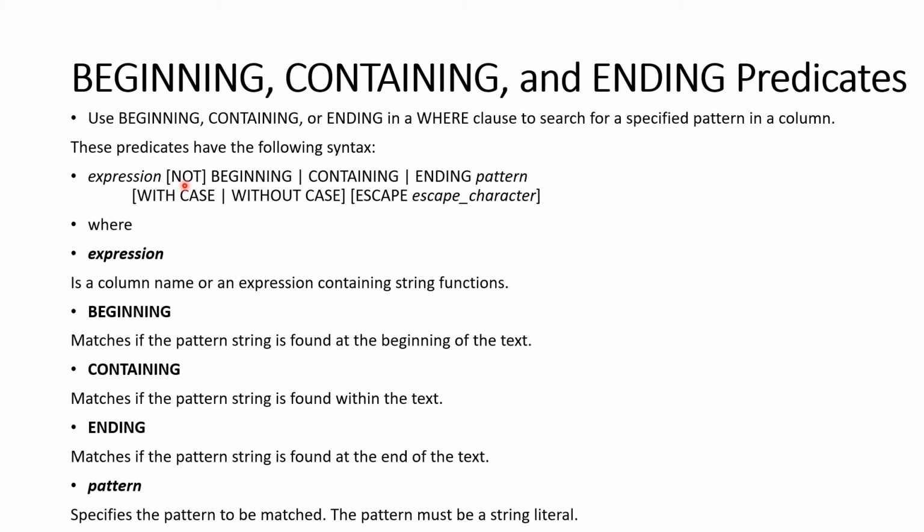So expression, not, beginning, containing, ending, pattern, with case, without case, escape character, where expression is a column name or expression containing string functions. Beginning matches if the pattern string is found at the beginning of the text. Containing matches if the pattern string is found within the text. Ending matches if the pattern string is found at the end of the text.